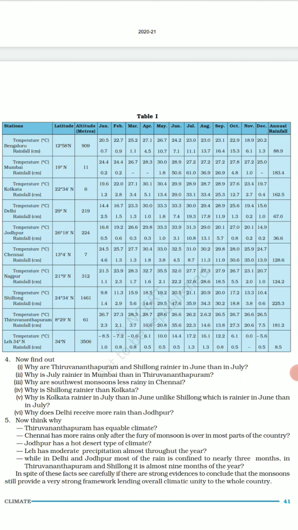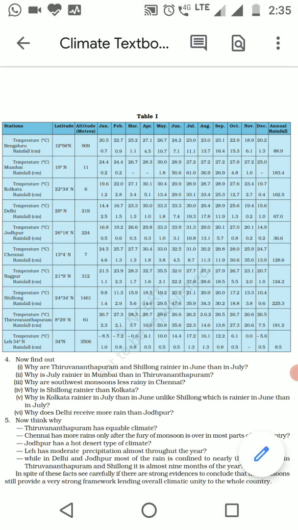Then how to calculate the average? Average, how to calculate the average rainfall? You will first add all the readings. That means for Bengaluru you are going to add 0.7, 0.9, 1.1, 4.5, 10.7, 7.1, 11.1, 13.7, 16.4, 15.3, 6.1 and 1.3.